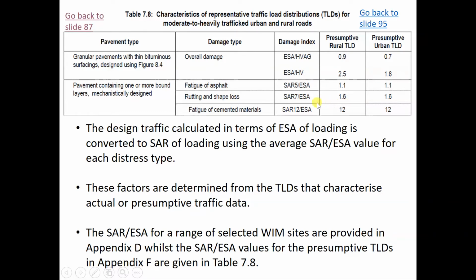So to get ESA, you bring it over, if you cross multiply. SAR 7 divided by ESA equals 1.6, so ESA you bring over to the right, and then that will become ESA equals 1.6 times SAR 7. Is it correct? Yep.